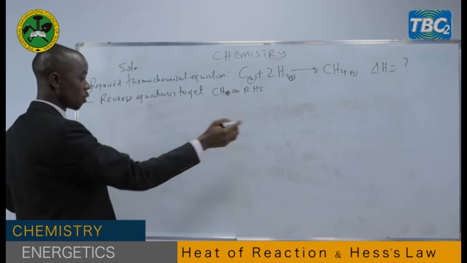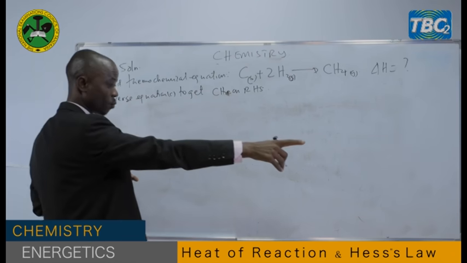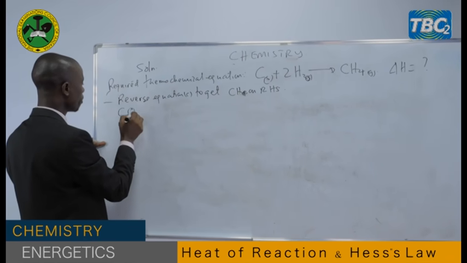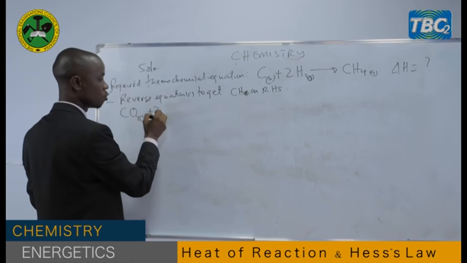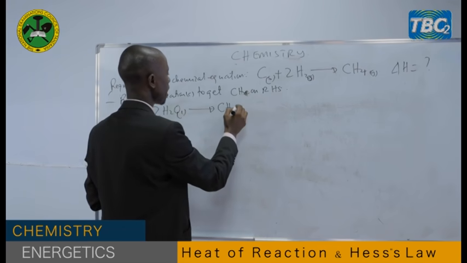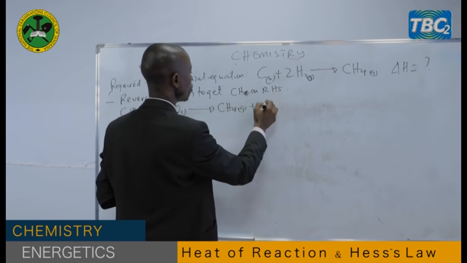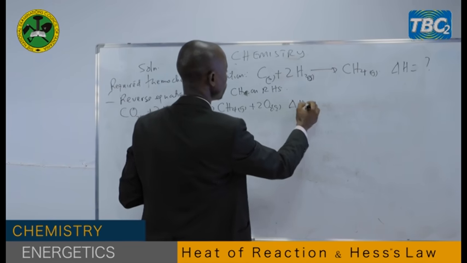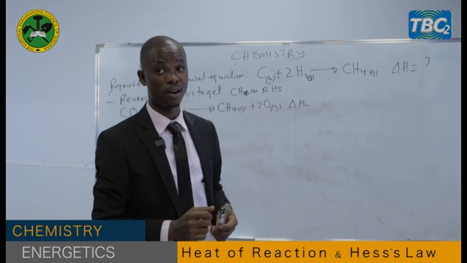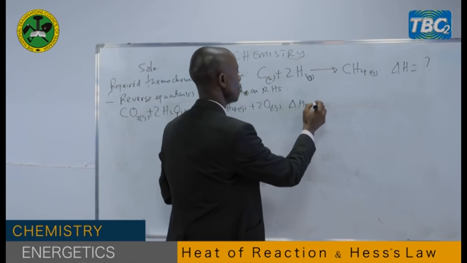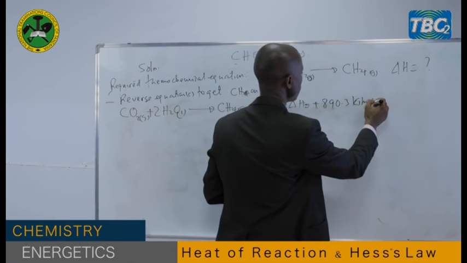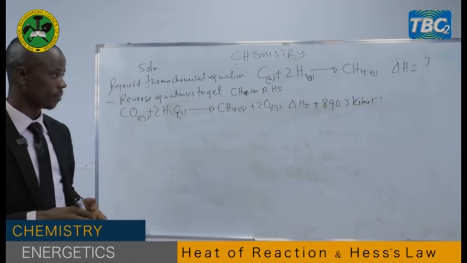If we reverse that one, the product will be the reactant and the reactant will be the product. So here we are going to get carbon dioxide plus 2 moles of water liquid to get methane gas and 2 moles of oxygen gas. The enthalpy change for this reaction will also change sign. As I told you, Laplace's law, I'm sure that you remember. So here it will be positive 890.3 kilojoules per mole. That is number 1.